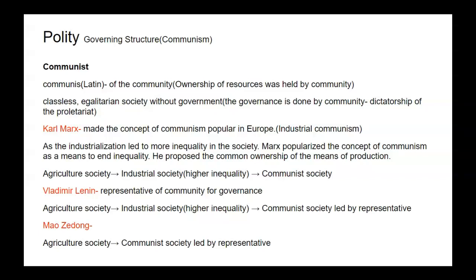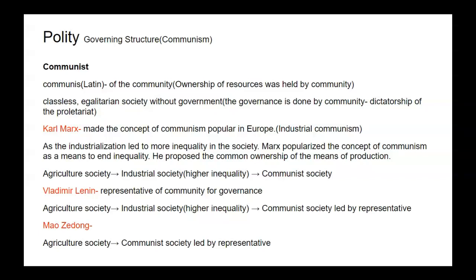Then Vladimir Lenin was from Russia, and next to Russia there was China, and in China there was a lack of industry in the 1950s. So Mao Zedong, who was trying to bring communism to China, gave the concept that even an agricultural society can become a communist society.